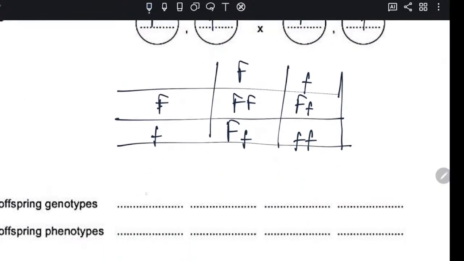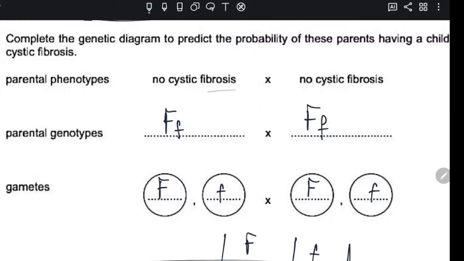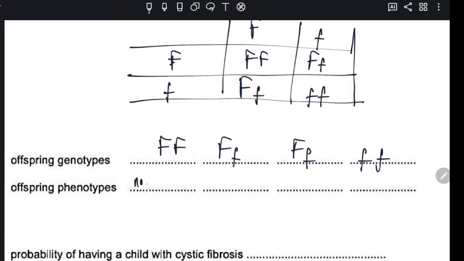What are the offspring genotypes? Big F, big F. Then we have big F, small f. We have again big F, small f. Then we have small f, small f. What are the offspring phenotypes? If you have big F and big F, you have no cystic fibrosis. So that is your phenotype. No cystic fibrosis for this one.